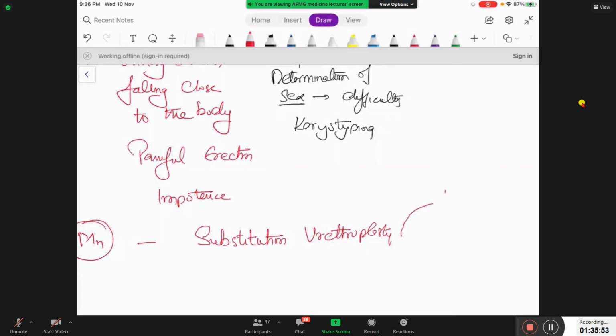We can substitute urethra with buccal mucosa. We can make urethra of buccal mucosa. We can make urethra of preputial skin also.